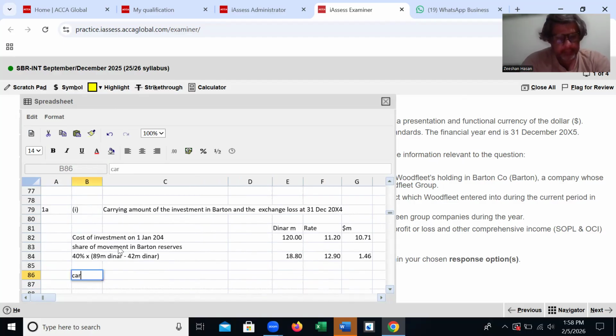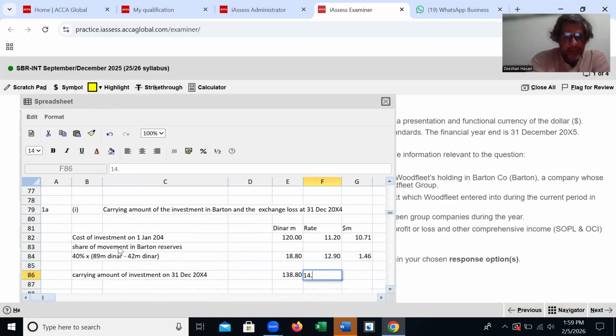Carrying amount of investment on 31st December 2004, we get 120 plus 18 with a 138.80.